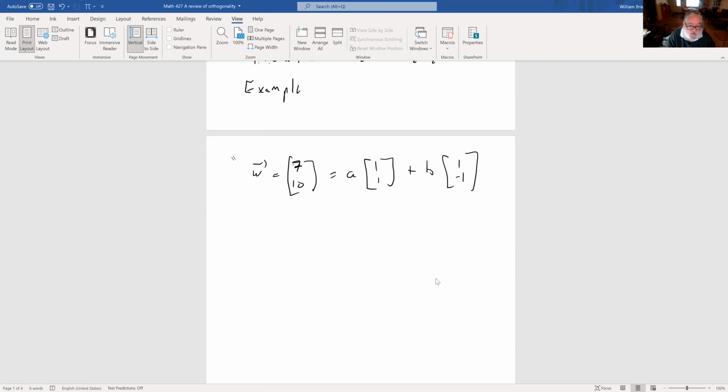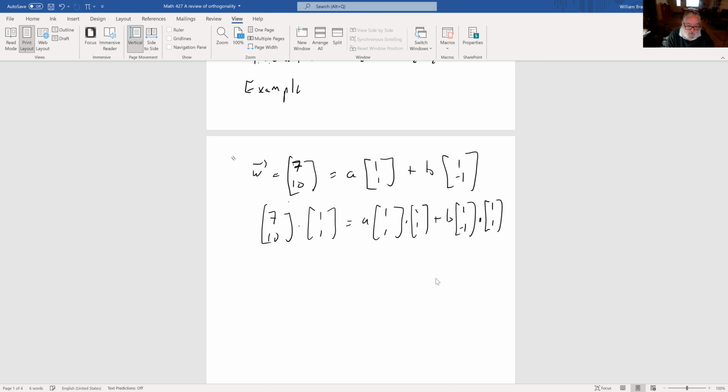So we take the dot product of this entire equation, both sides, with 1, 1. 7, 10 dot 1, 1 equals A times 1, 1 dot 1, 1 plus B times 1, minus 1 dot 1, 1.